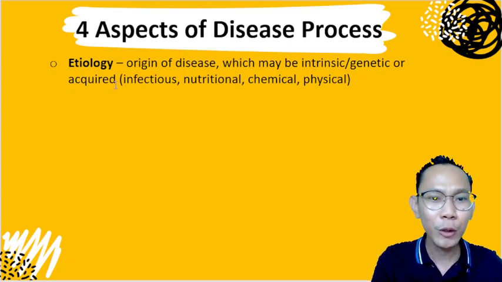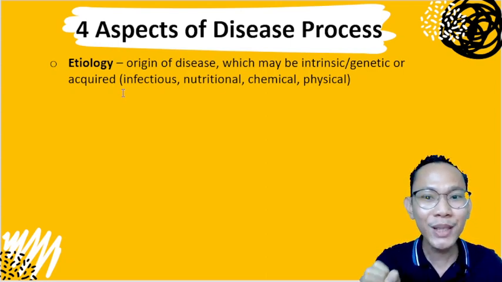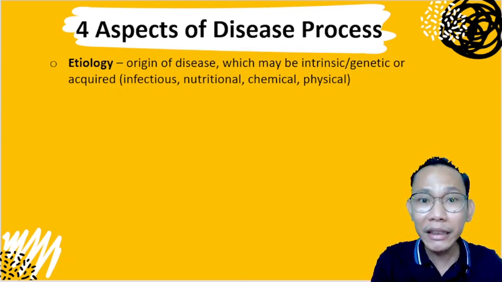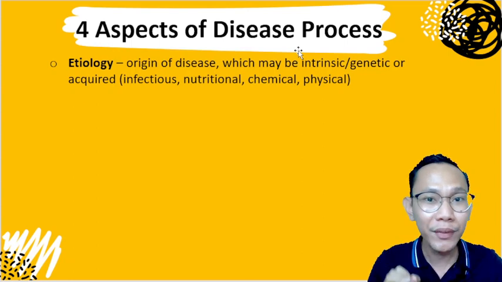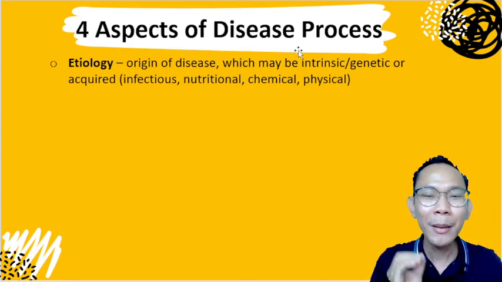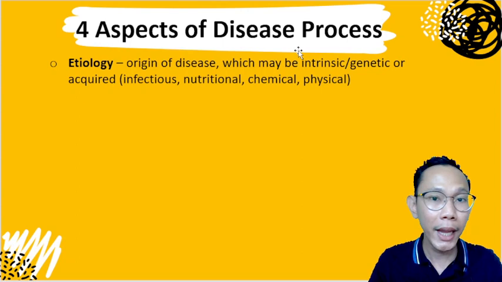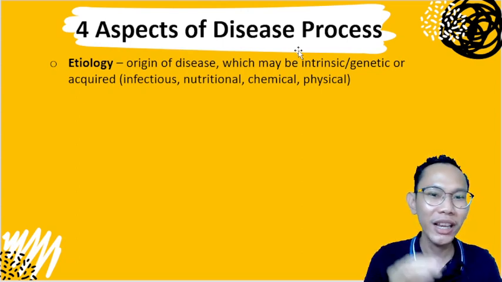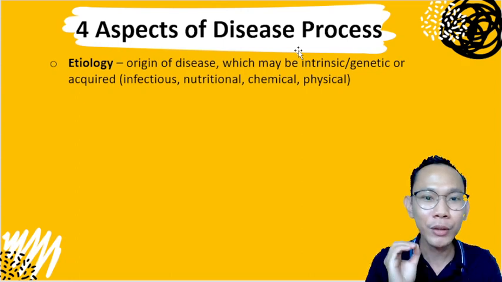Pwedeng infectious. You may have a viral disease that leads to cancer. Remember, you will also have a genetic defect or genetic susceptibility why you will develop cancer. Meaning, in etiology, it's not just brought about by a single cause, but it could also be brought about by multiple causation. Yan yung gusto kong malaman nyo.